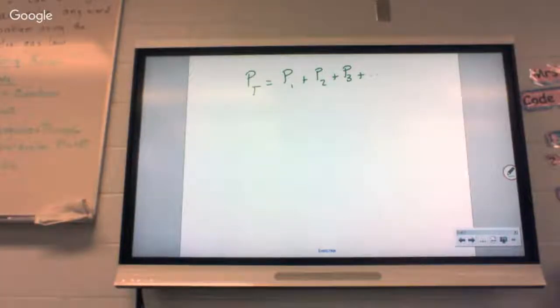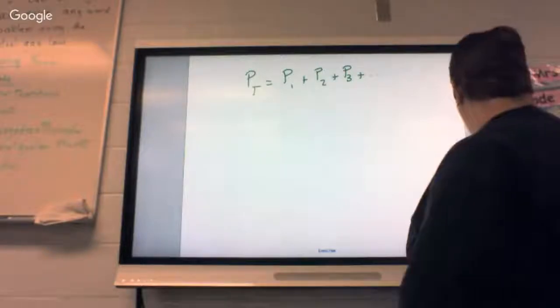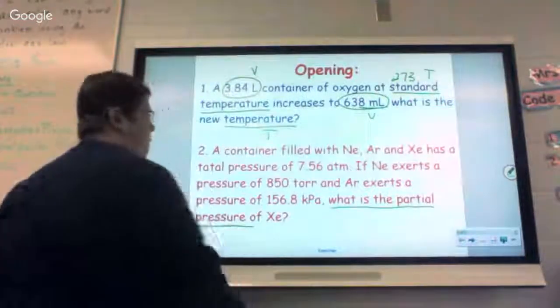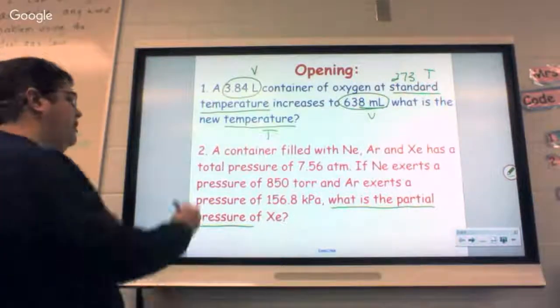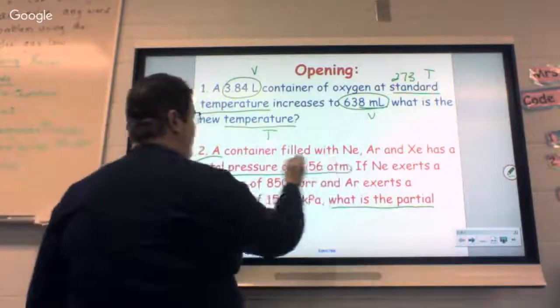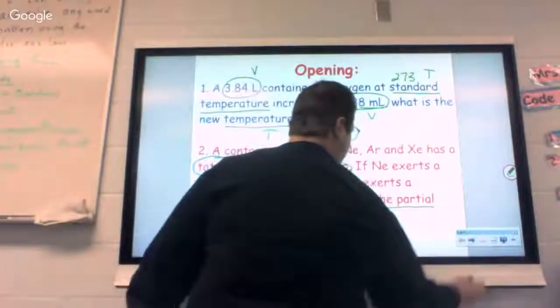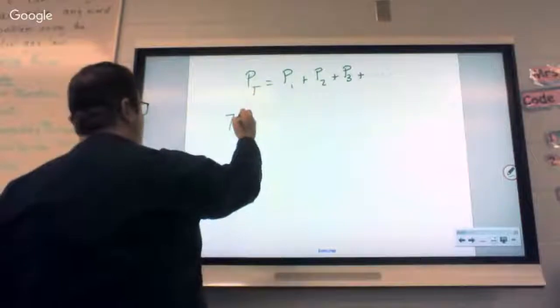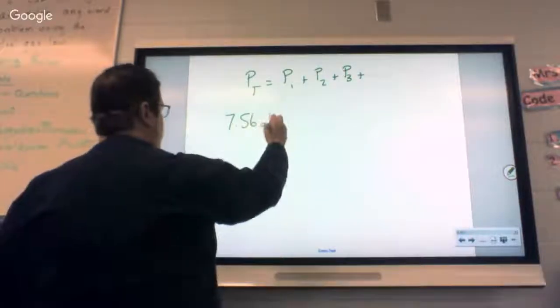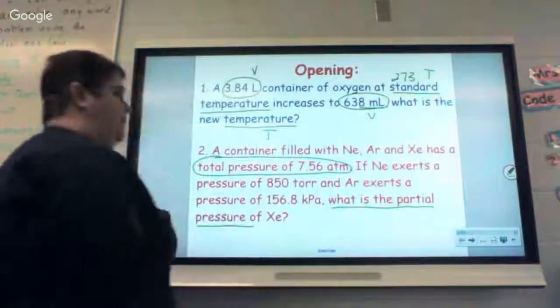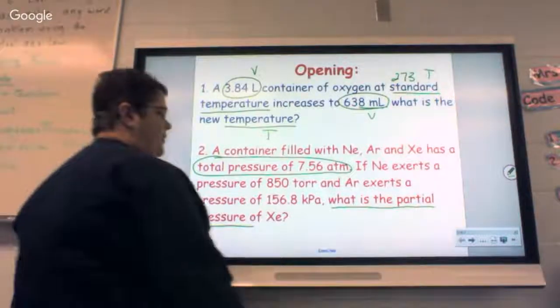All right. So, since we're looking for partial pressure, that means we got to have the total pressure. So, what is the total pressure they gave? The total pressure was 7.56 atmosphere. And if I keep reading, it tells me I have neon exerts the pressure of 850 torr.